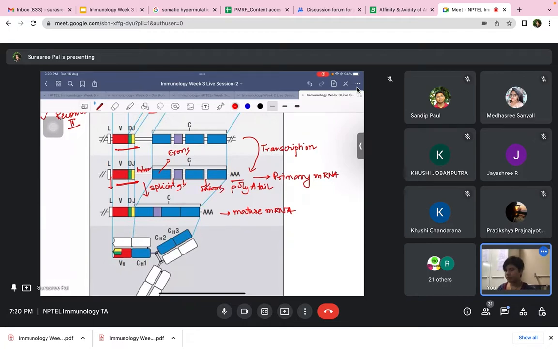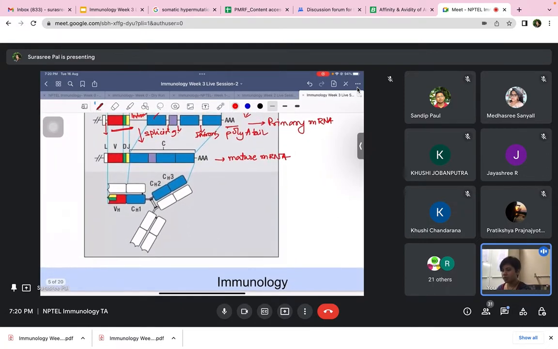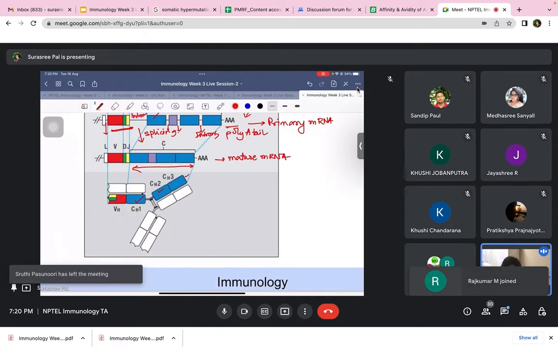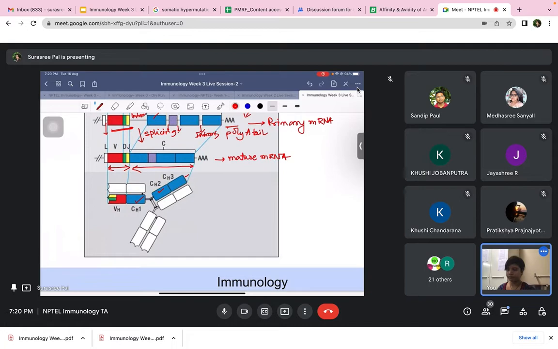And this forms the mature mRNA for the heavy chain, and you can see these blue segments code for the constant regions, CH1, CH2 and CH3, the 3 constant regions. And this one is VDJ. This segment actually codes for the variable region.